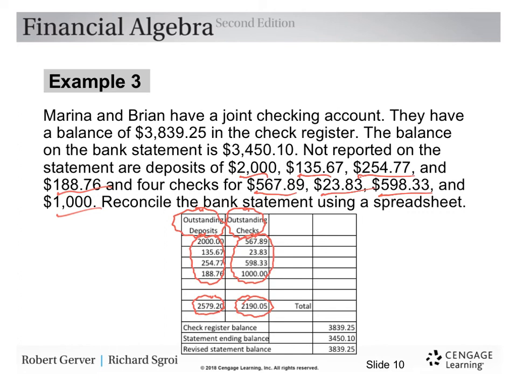Now, their check register showed a balance of $3,839.25. So that's what we put right here. That's the check register balance. And the balance on the bank statement is $3,450.10. Statement ending balance, that's what we show right here.